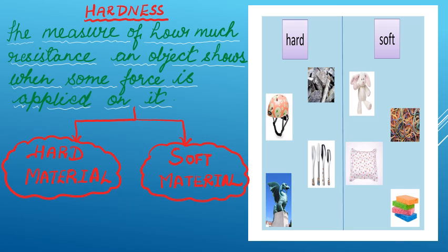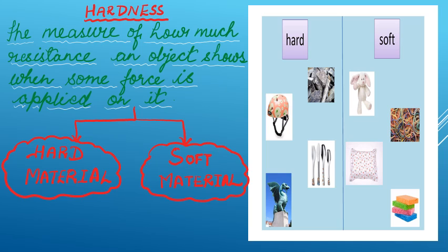Hardness is another property through which we can categorize the materials into different groups. What is hardness? Hardness is the measure of how much resistance an object shows when some force is applied on it.